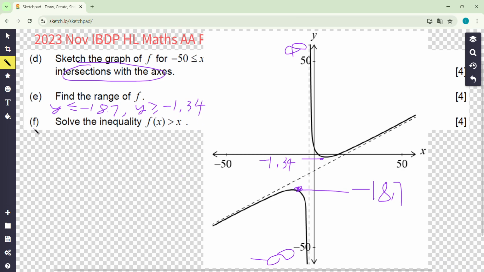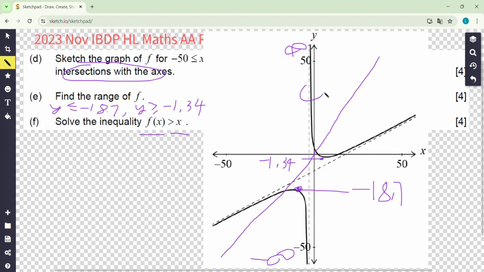For part F, you have to compare f(x) and x. So you have to draw the straight line y equals x. You draw it in the calculator, of course, 45 degrees. Then it asks where f(x) is above y equals x.